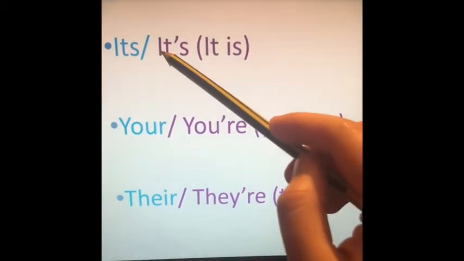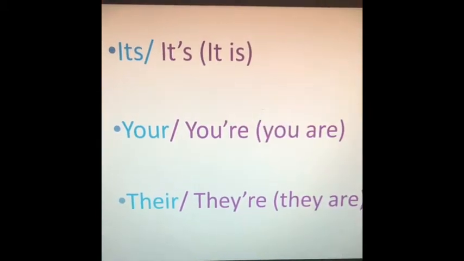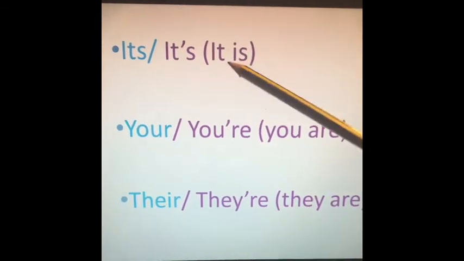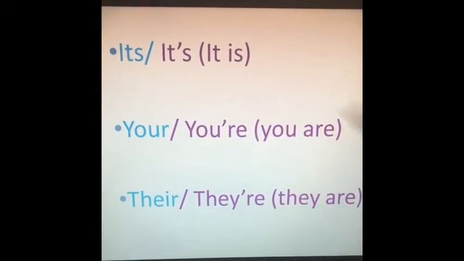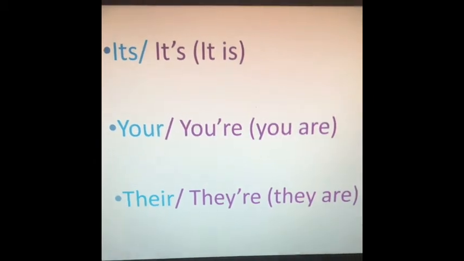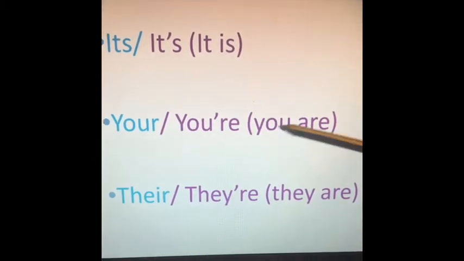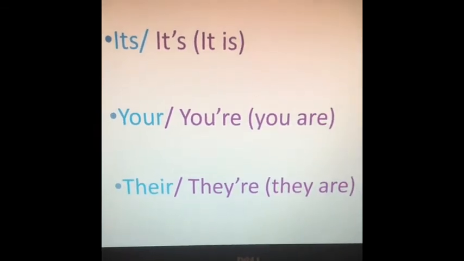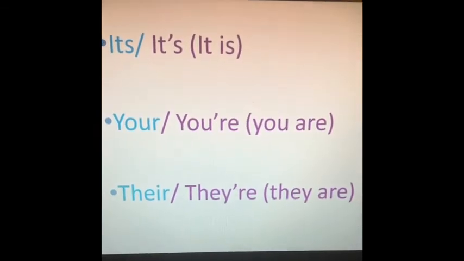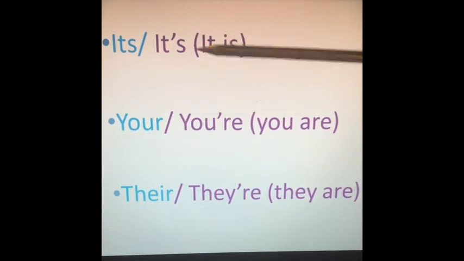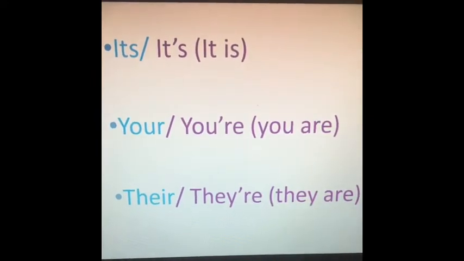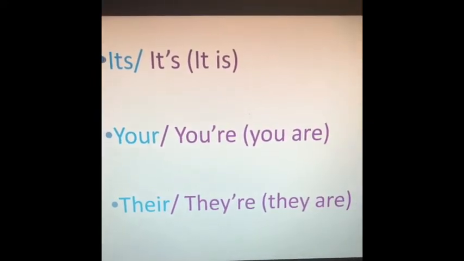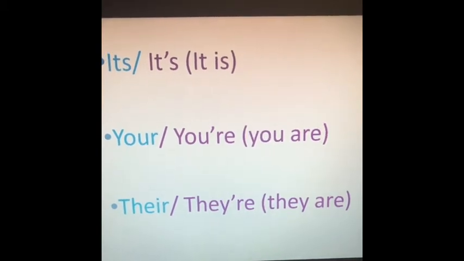Like, for example, it's is a contraction of what two words? It and is, right? You're is a contraction of what two words? You and are. They're is a contraction of what two words? They and are. Okay? So these contractions are not used when we are talking about something that somebody has. Okay?